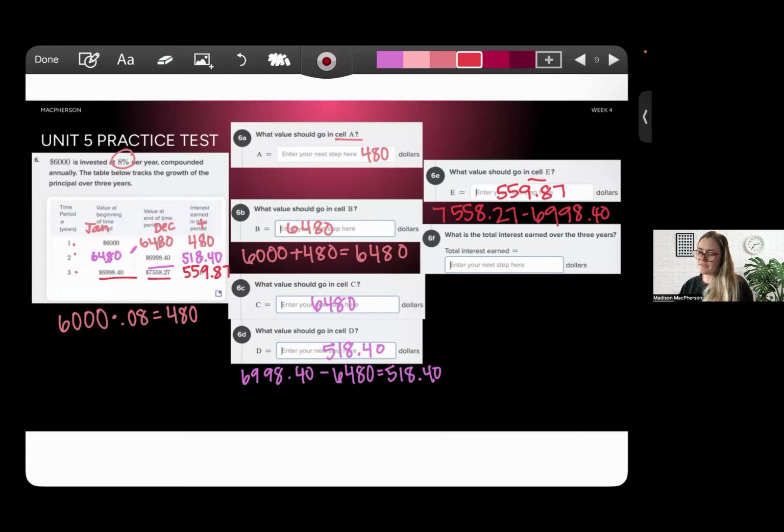Okay, and then 6F says, what is the total interest earned over the 3 years? So we're going to add up all of that interest earned.